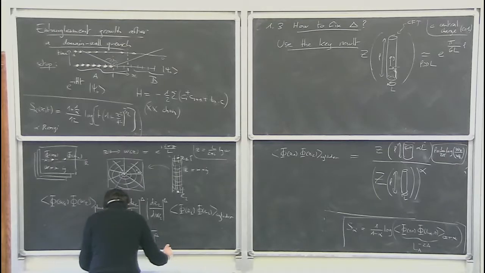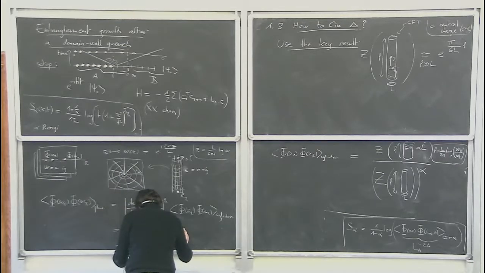It's very easy for this conformal transformation, and so this in the end is exponential pi over 6L alpha divided by exponential pi, let me neglect the c, to the alpha.